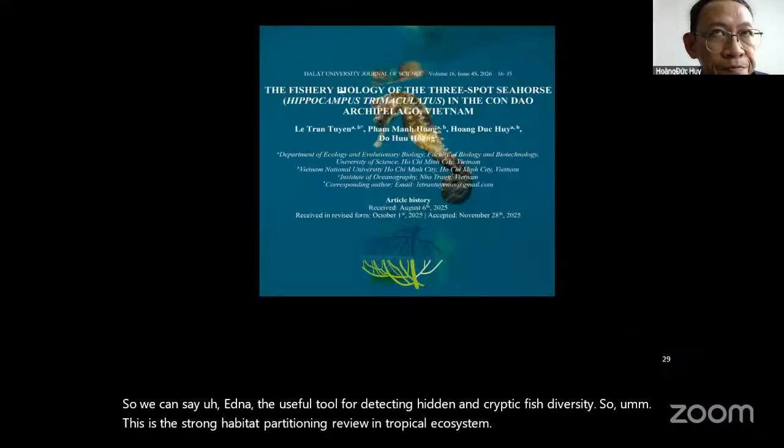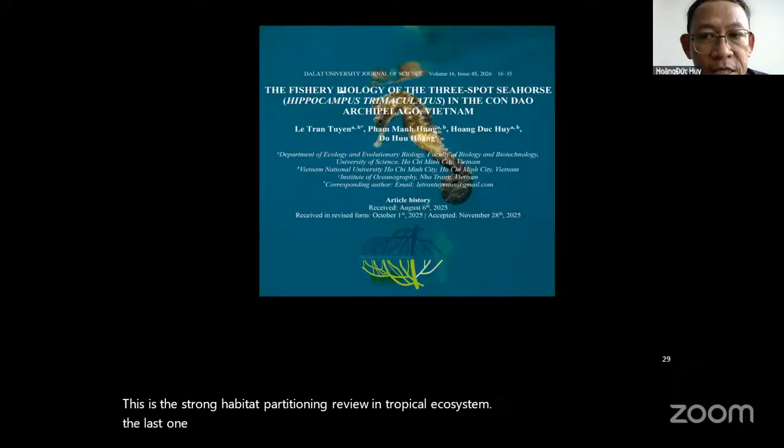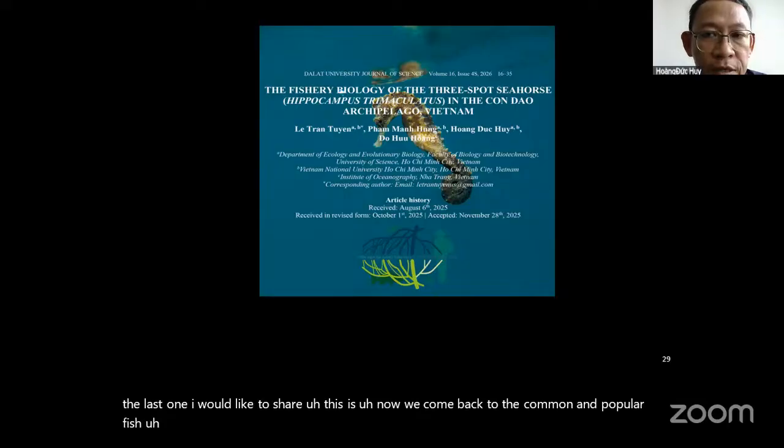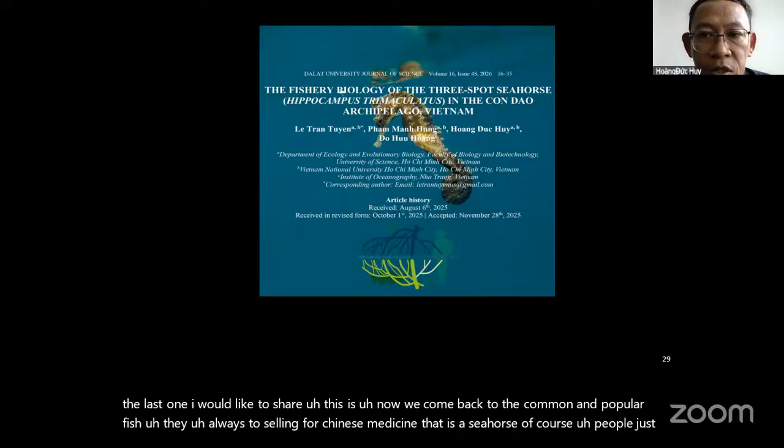And the last one I would like to share is that now we come back to a common and popular fish that is always sold for Chinese medicine: the seahorse. Of course, people just collect it and sell it.